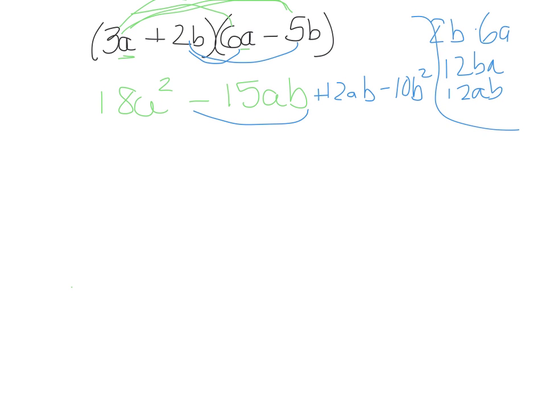Once again, my middle two terms are like terms, so I'm going to combine negative 15 plus 12. I have 18a squared minus 3ab, and then minus 10b squared.